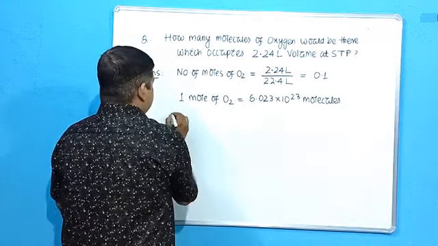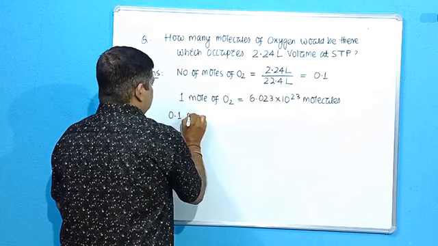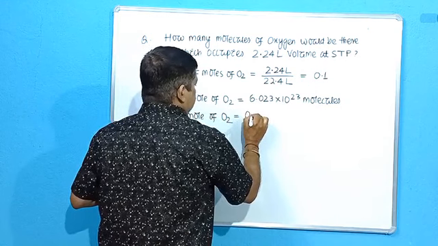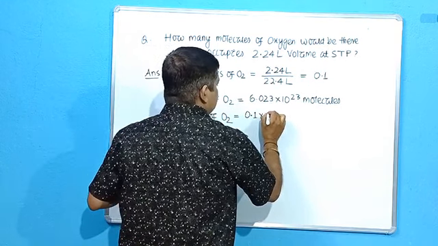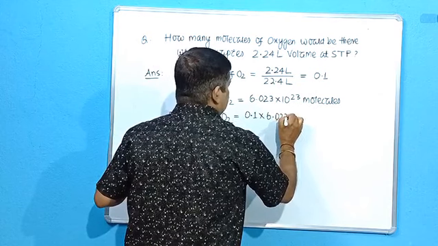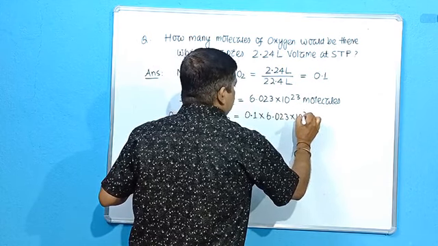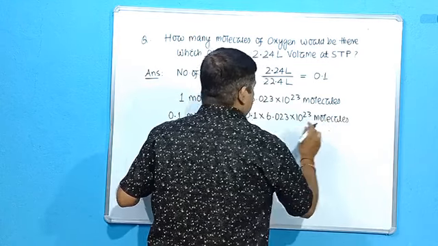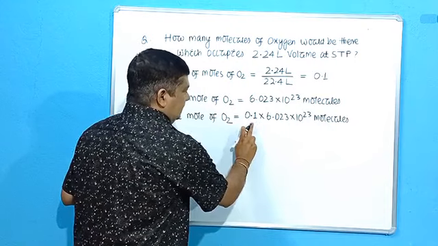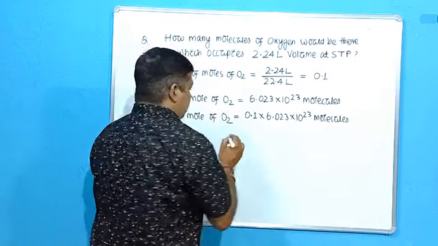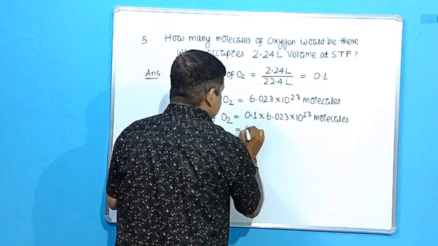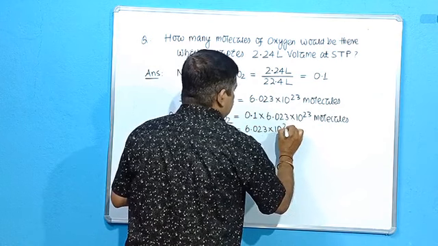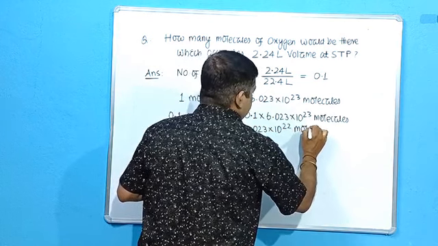So 0.1 mole of oxygen would contain 0.1 into Avogadro number. 0.1 means 1 by 10, so the power will be reduced by one, that is 6.023 into 10 to the power 22 molecules.